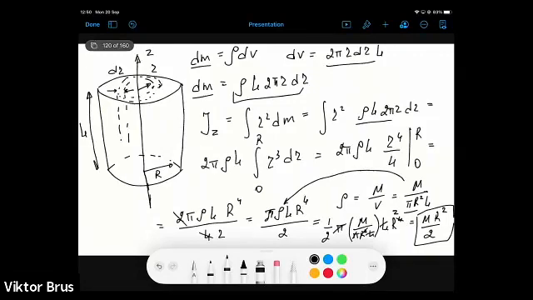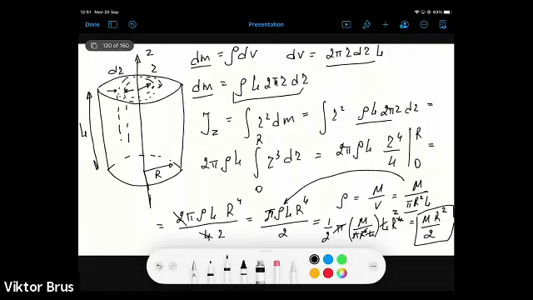We also introduced the concept of kinetic energy of rotational motion, which is defined through omega squared and the moment of inertia, and we discussed in detail how we can calculate the moment of inertia.